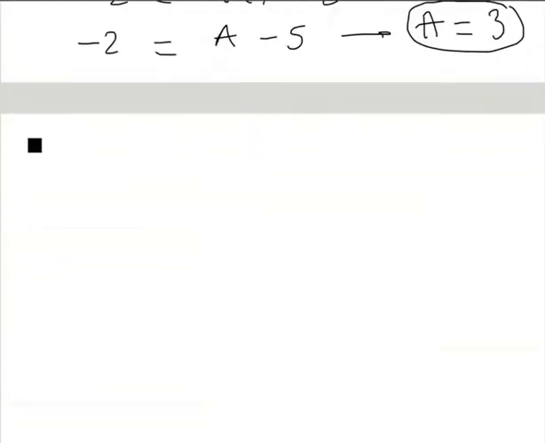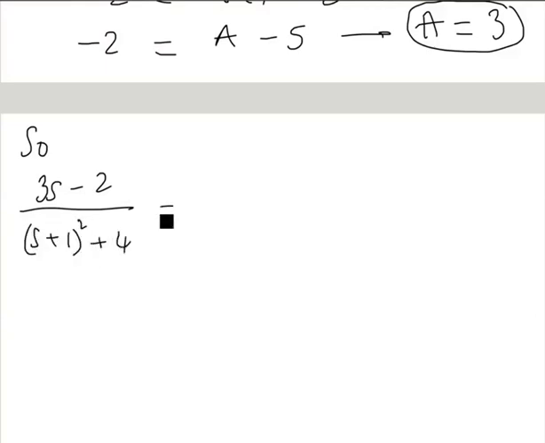Now rewrite the fractions. 3s minus 2 divided by (s plus 1) squared plus 4. A is 3 times (s plus 1), and then b is -5, so I have this.